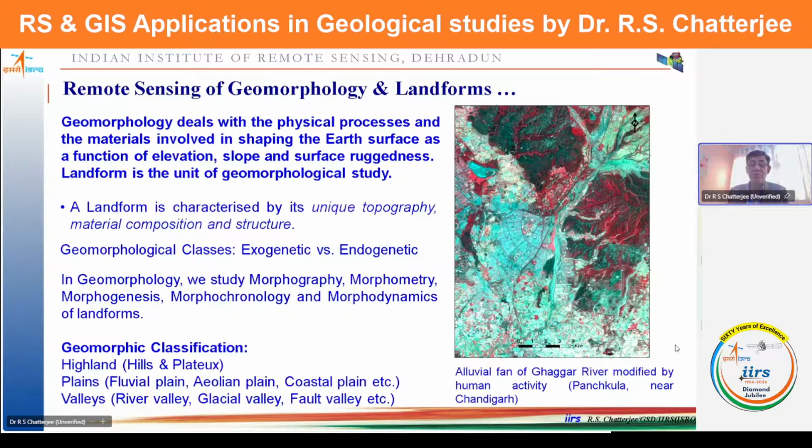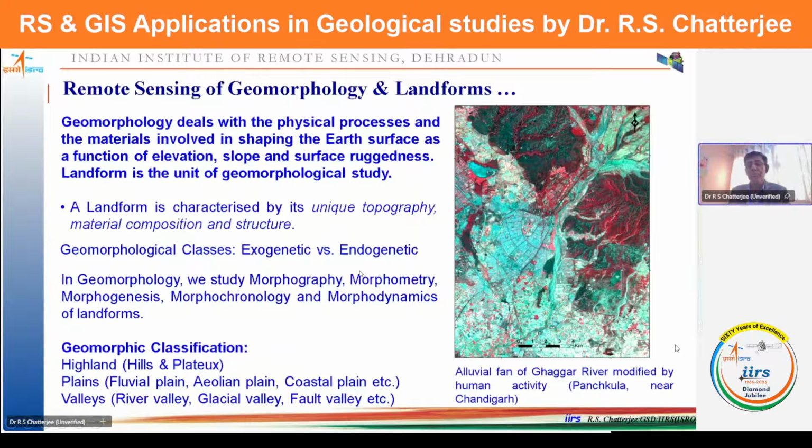It depends on what geomorphic processes are involved. Now you see, geomorphological provinces or classes are broadly divided into two types. One is exogenetic and another is endogenetic. Exogenetic means it is developed due to the force of gravity, externally developed, and endogenetic is where the force involved in these geomorphic processes is coming from inside the earth.